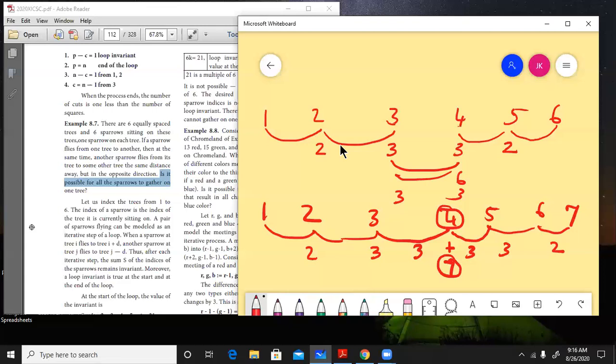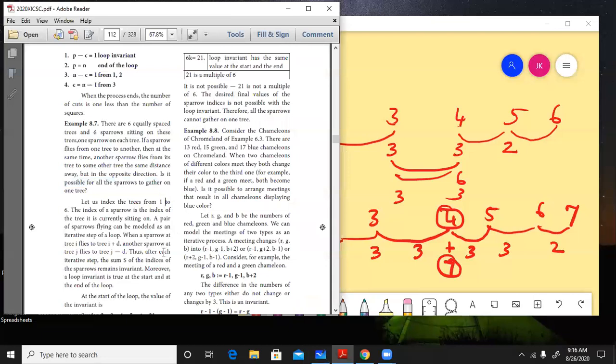This is the explanation. Coming back to your textbook, they are giving a textbook example, saying that a pair of sparrows flying can be modeled as an iterative step. When a sparrow flies from left to right, the distance increases by one unit.